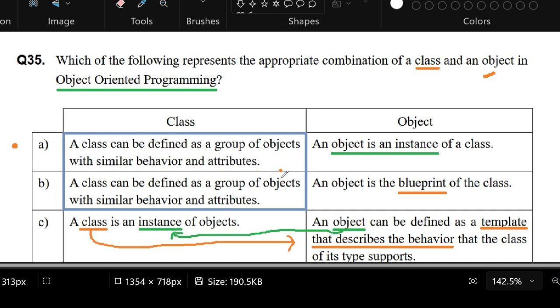Therefore, if we have maybe a monster class, a monster in one of those role-playing games, Dragon Quest or Final Fantasy, or any game that you are familiar with where you got monsters, then there would be a set of behavior and attributes that all these monsters would have.